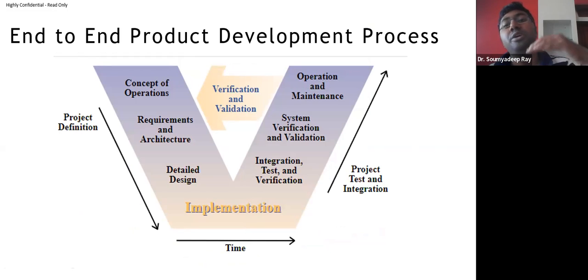First you go to the customer, and the customer will say, okay, I need to build this vehicle which would ramp up from 0 to 100 kmph in 2 seconds. They would also say that you need to build a vehicle which would ensure all related standard safety processes. This is your requirement. So this is called the requirement.